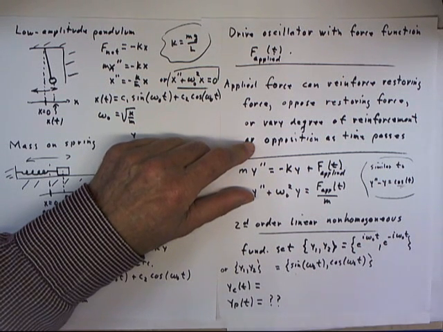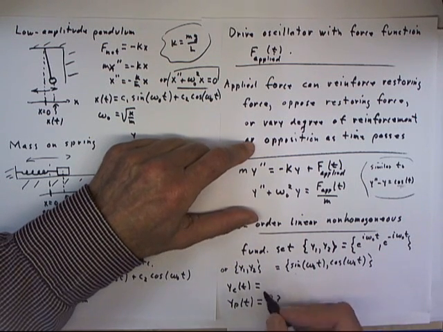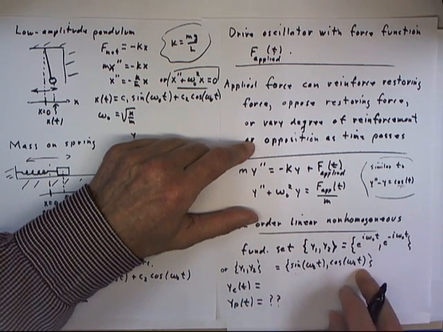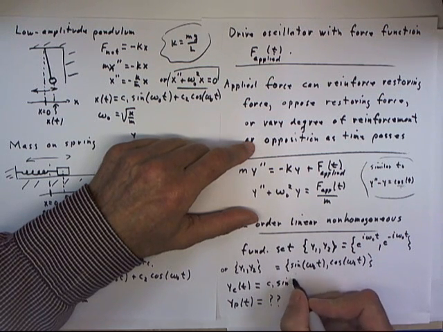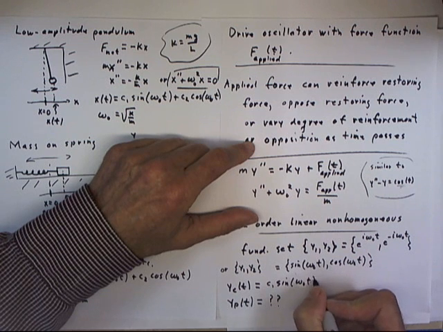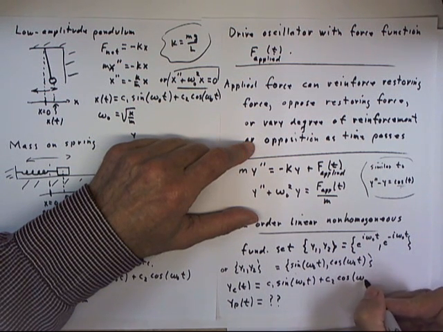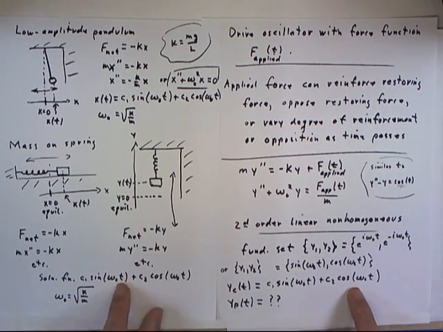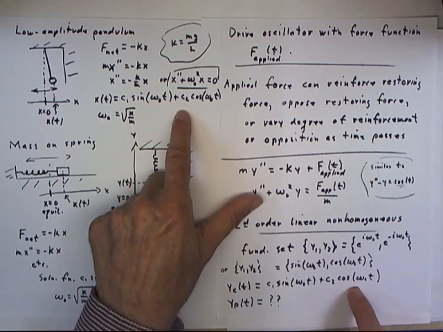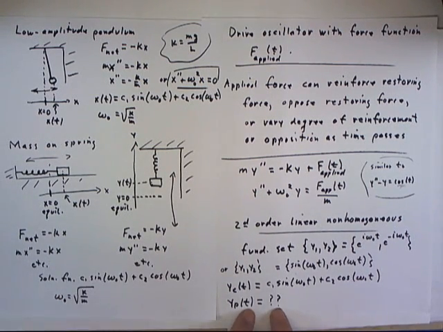You should recall all of that discussion. So our general solution to the homogeneous equation, using this fundamental set, is going to be C1 sine of omega naught t plus C2 cosine of omega naught t, which matches the solutions that we saw over here. And then the question just becomes, what's our particular solution?